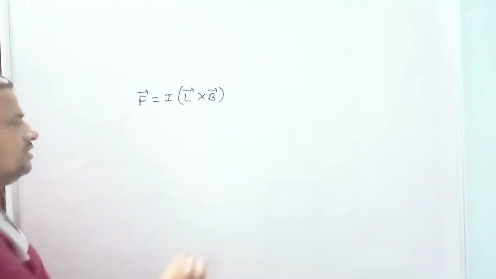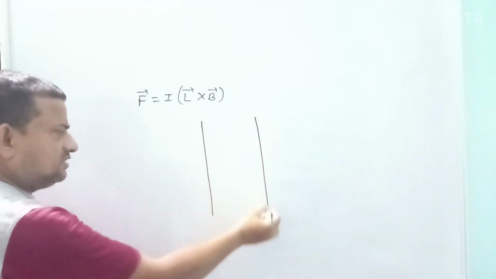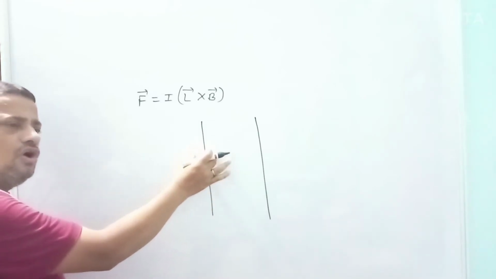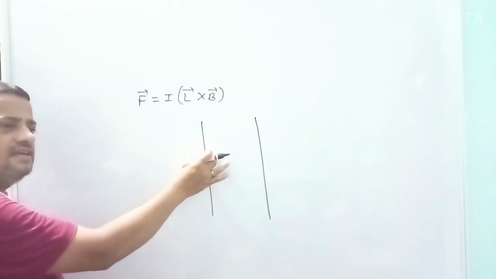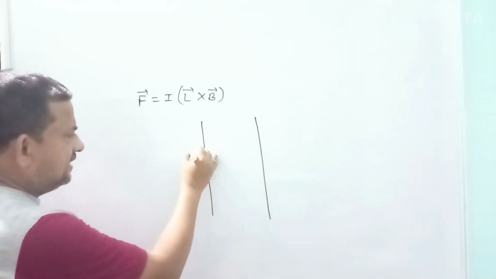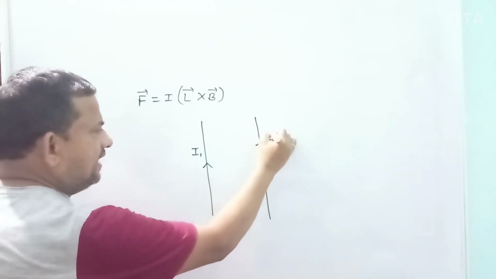Now you consider two infinitely long straight current carrying conductors. One carries current I1, the other carries current I2.